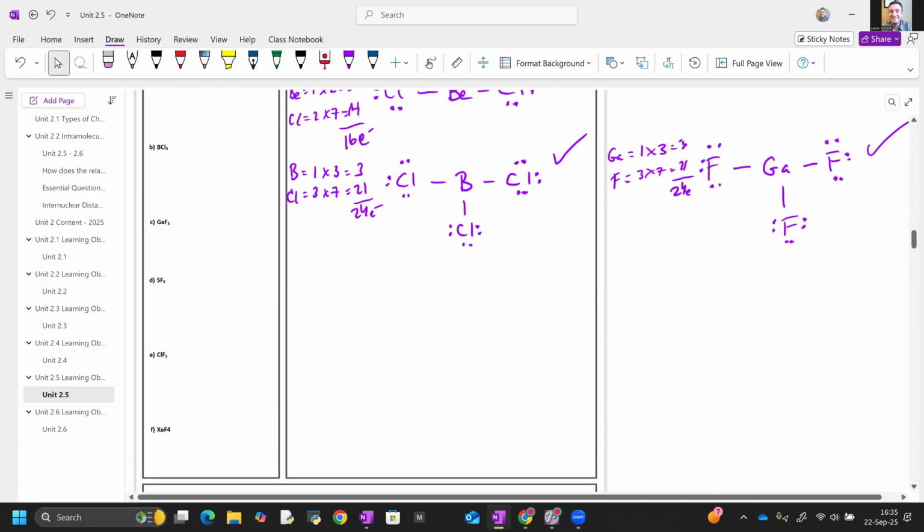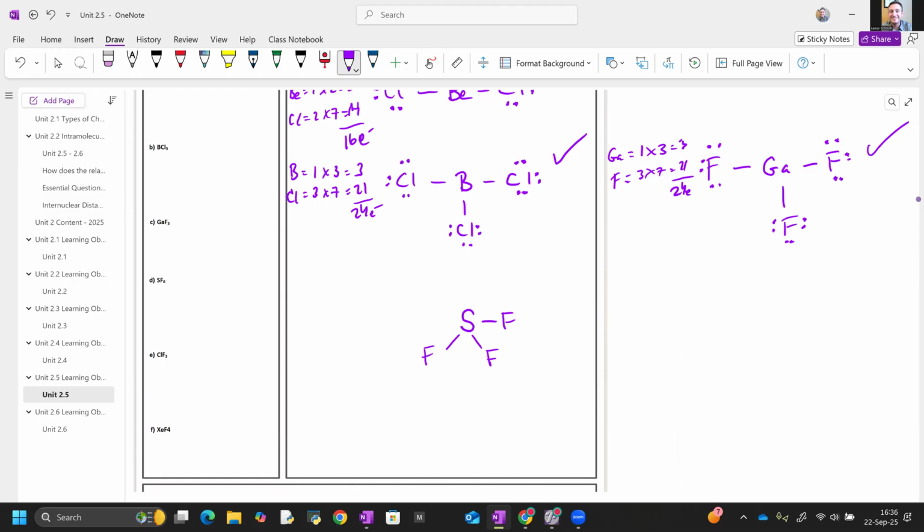All right, so let's go into sulfur hexafluoride. So here we have our structure, sulfur, and then we have some fluorines around here. We're going to have 6 of them. And then we have to do our count.